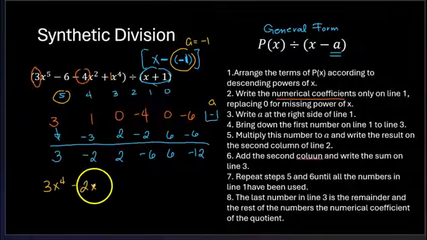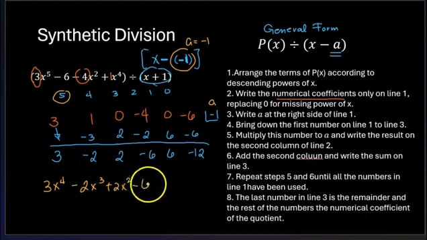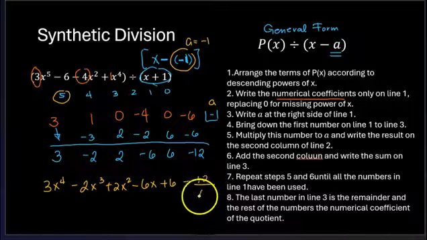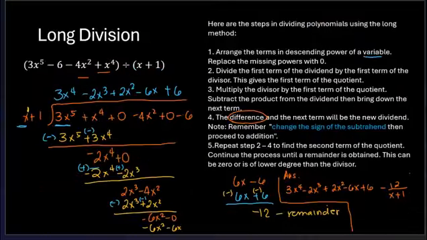And then this will be the next, decrease by 1, the exponent. You decrease by 1 again. Okay, and this will be the constant. Then this is your remainder. Okay, so if we compare to the answer that we have here, it's the same.